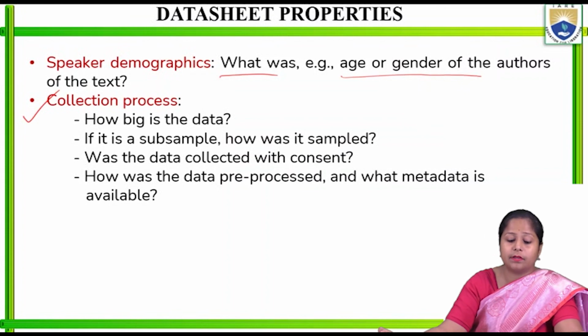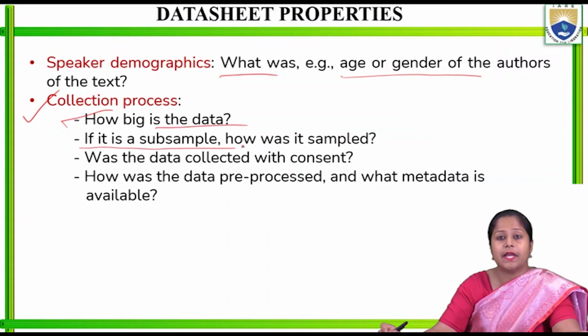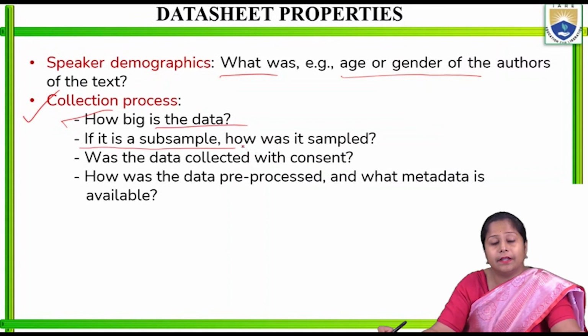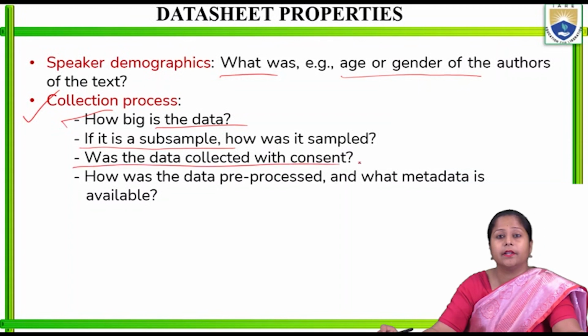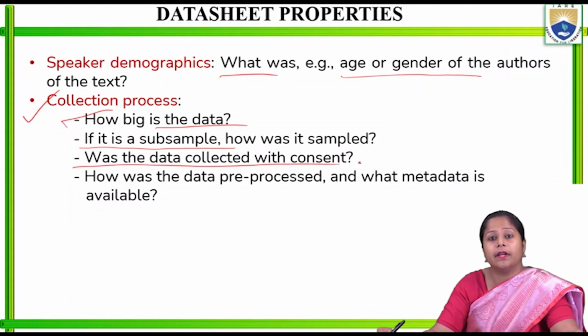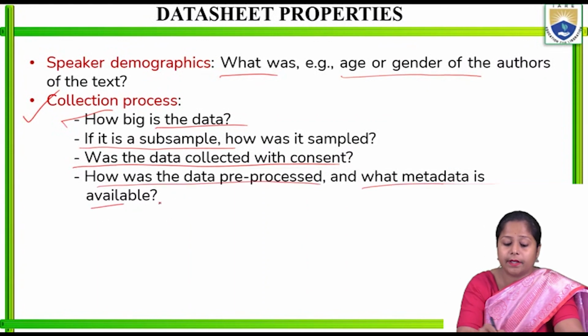In the collection process, we can see how big the data was, whether it is a subsample and what the main sample was, whether the data was collected with consent from the author, whether the data was pre-processed, and what metadata was available.